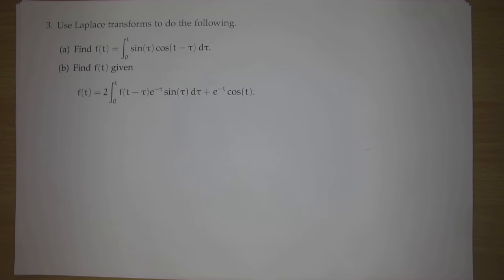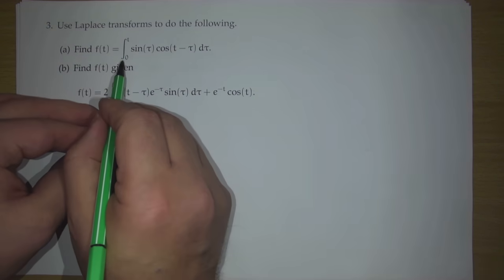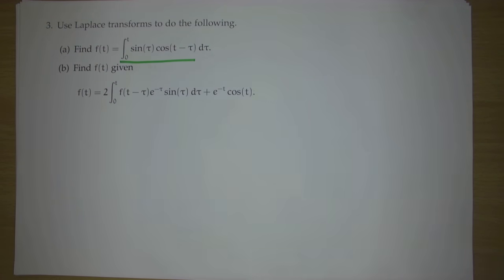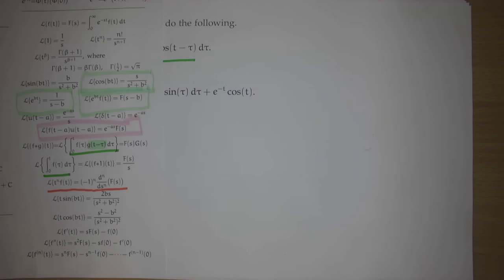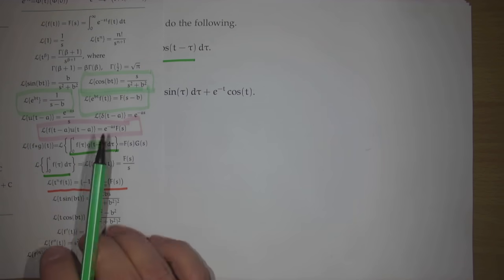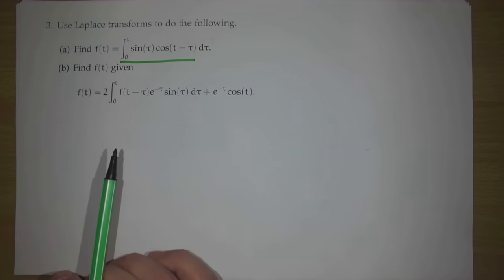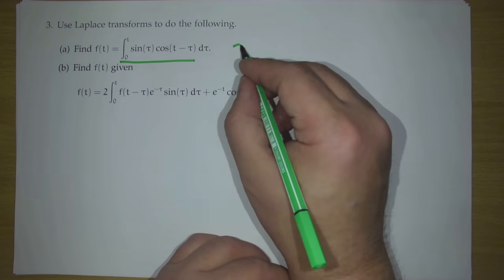Okay, so it says use Laplace transforms. When you see this integral, where are we in our equation sheet? What type of integral are we doing? Convolution. So Laplace transforms work great with convolution.